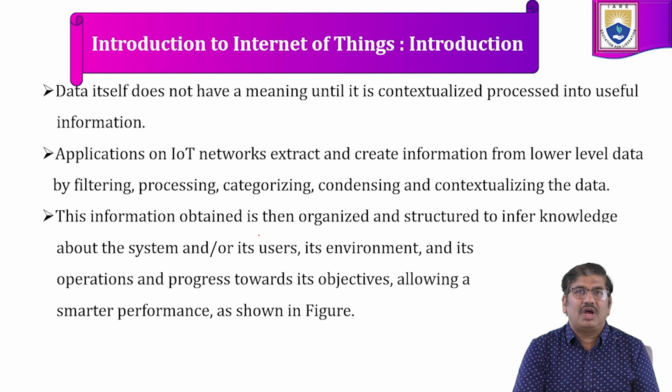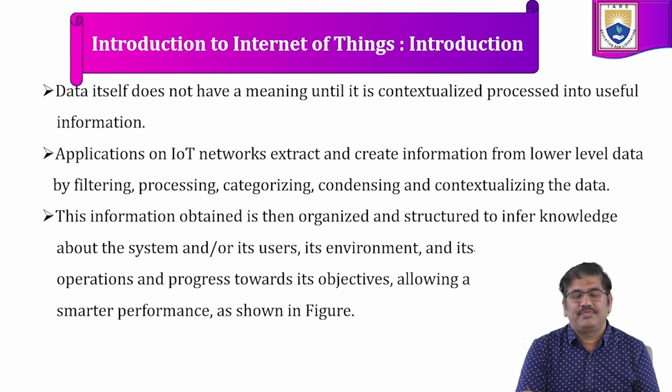This information obtained is then organized and structured to infer knowledge about the system and or its users, environment, and operation, and progresses towards its objectives, allowing a smarter performance as shown in the figure.